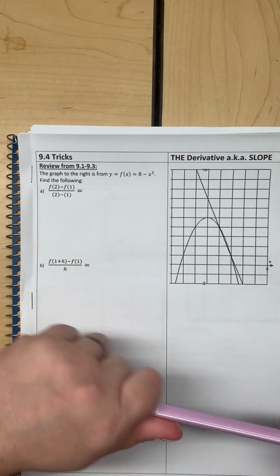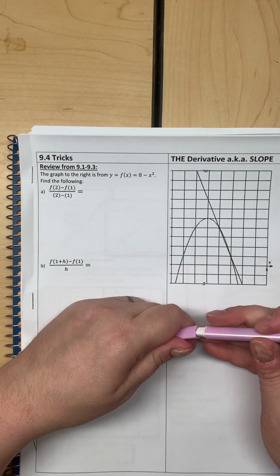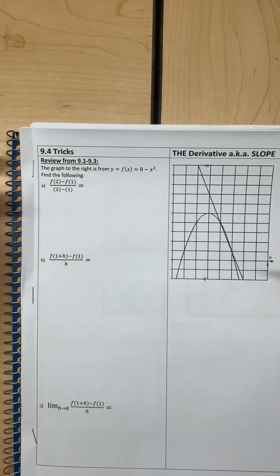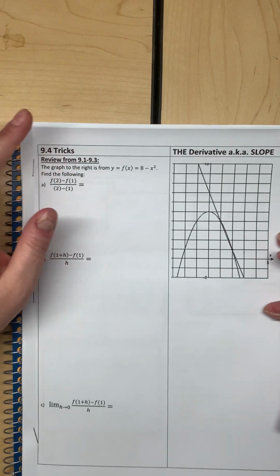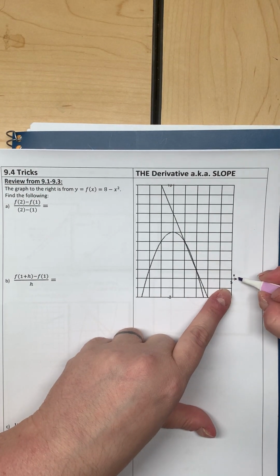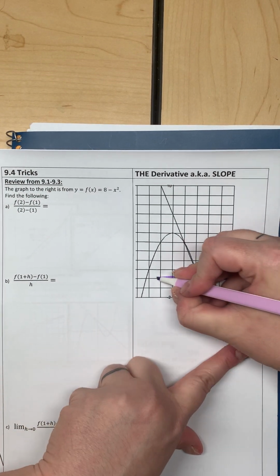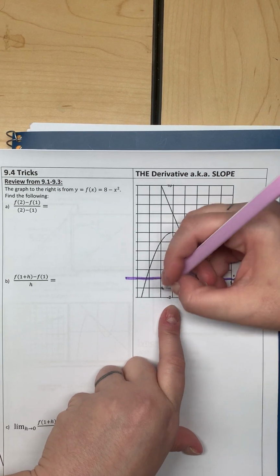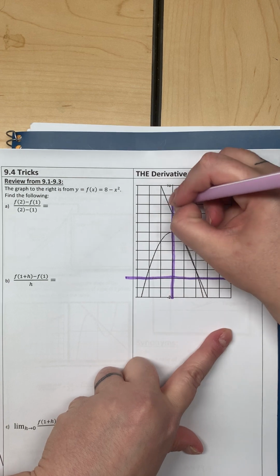Okay, so first let's look at my graph, and I think I'm going to maybe highlight the x and the y-axis because I can't tell where they are. So the x-axis starts right here, okay, and then the y-axis, darn, I think I cut it off, but it's right here.